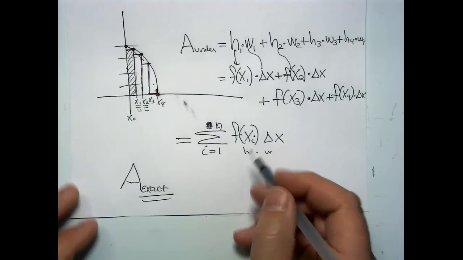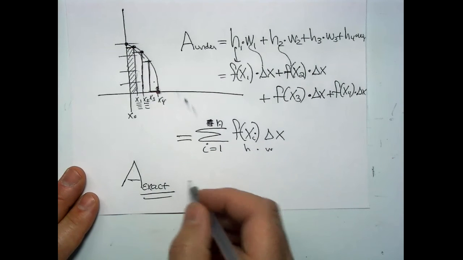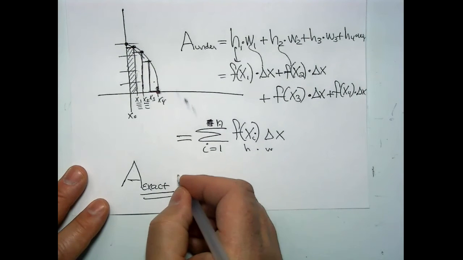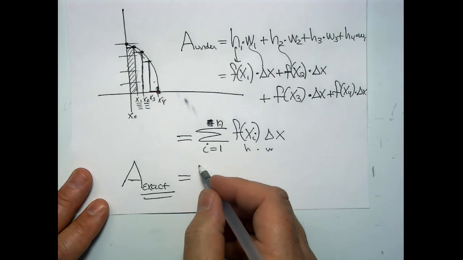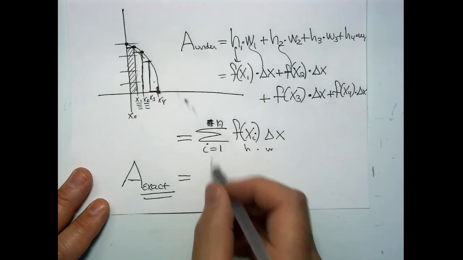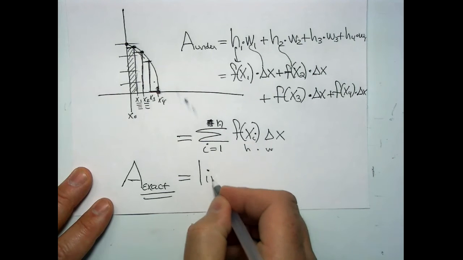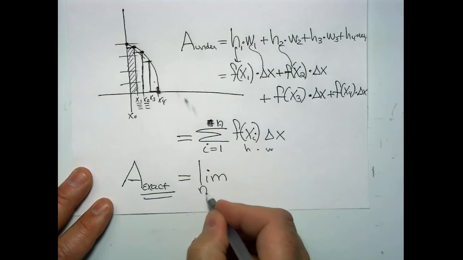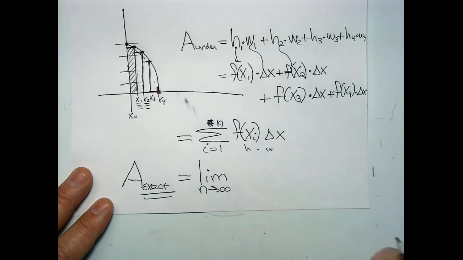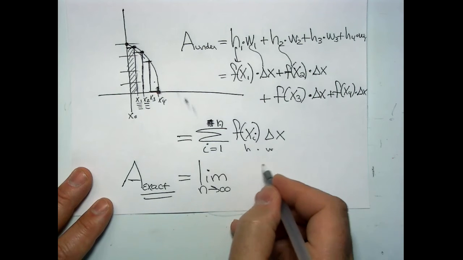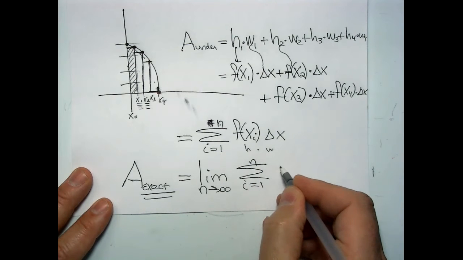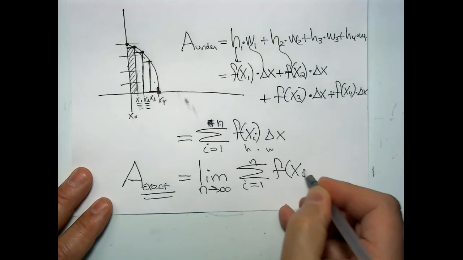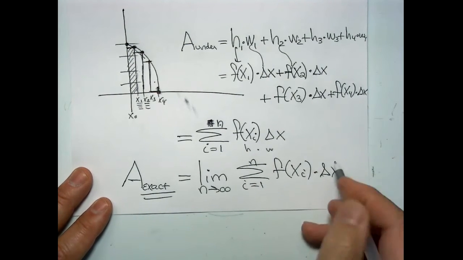They're all approximations. So here is the third all-important formula for this section, and that is that ultimately I want an infinite number of rectangles, and there's only one way to get to infinity, and that's with a limit. So it's going to be the limit as n goes to infinity of the sum of these rectangles, i equals 1 to n, of height and width.